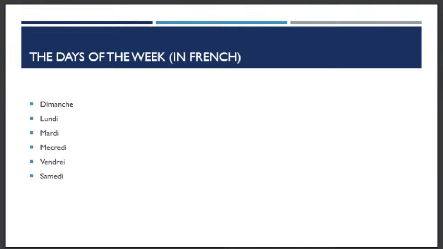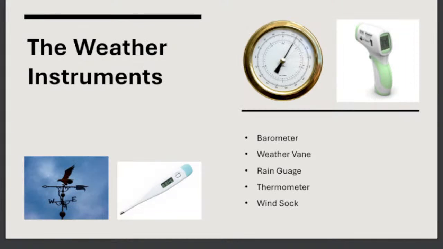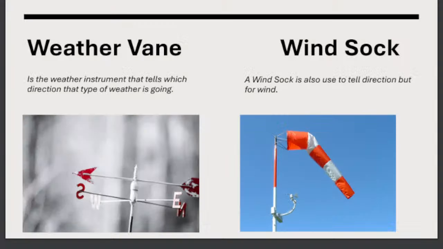Now, our next lesson is about the weather instruments. The weather instruments that are used are the barometer, the wind vane, the rain gauge, and the thermometer. Also, the windsock. The weather vane is the weather instrument that tells which direction the weather is going.